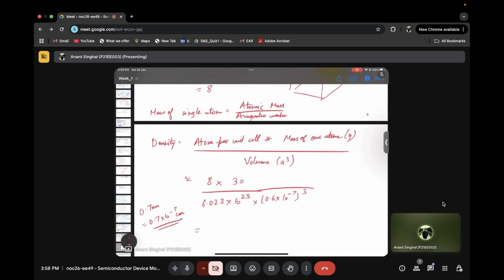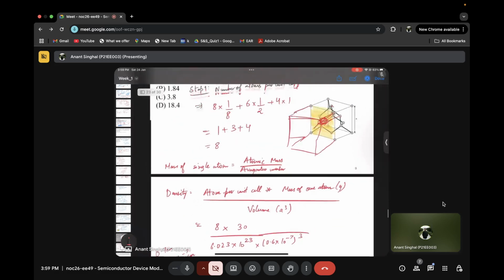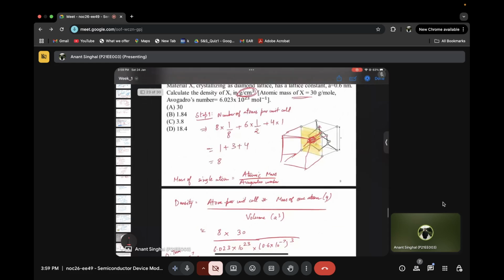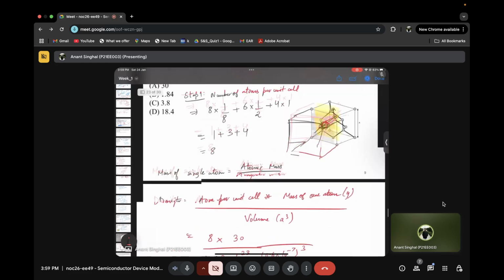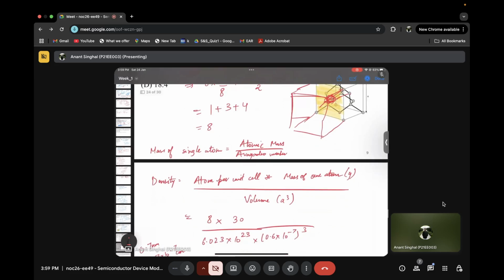Whatever this number comes out to be will be your density. So can you calculate quickly and let me know what is the final answer? The options are 130, 3.8, 1.84, 18.4. So maybe you can take 2-3 minutes, use calculators quickly and let me know what you are getting.